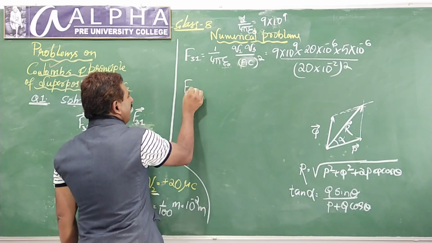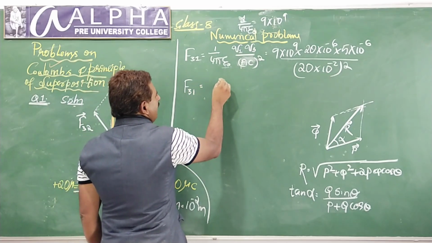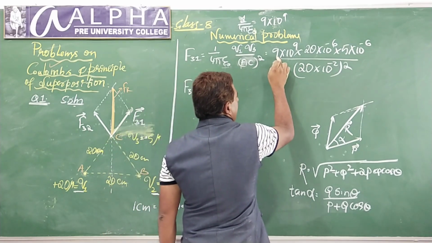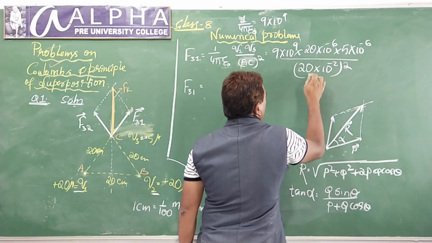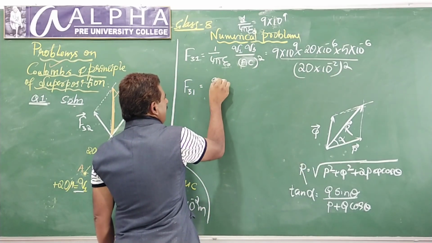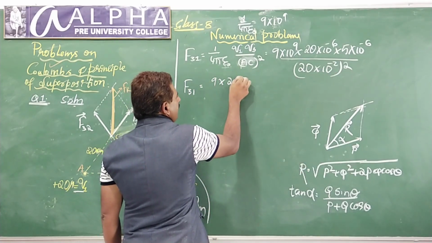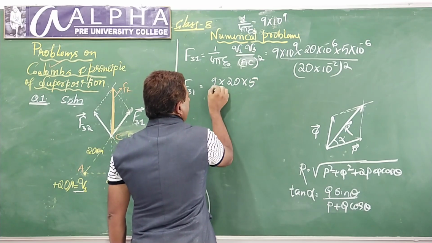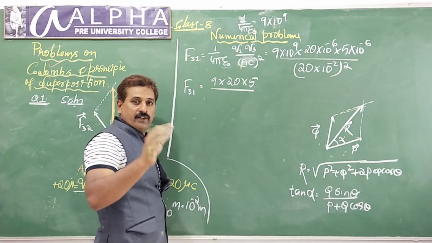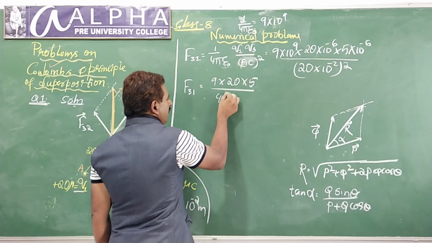Now we'll continue. F31. What is F31? Now you collect the values. Values in the sense 9, 20, 5, numerical values. Powers we will consider separately. First I will write 9, then 20, then 5, then in the denominator 20 squared. You know 20 squared. What is 20 squared? Yes, 400.